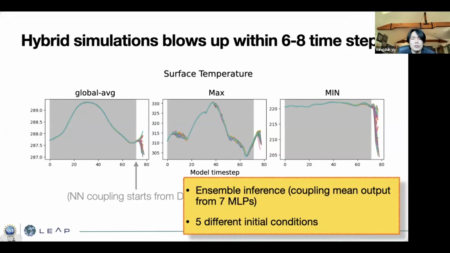I suspect there could be some quirks in the initial condition, so I tested 5 different initial conditions, but it didn't help. And with a certain initial condition, it could crash as early as 4 time steps.